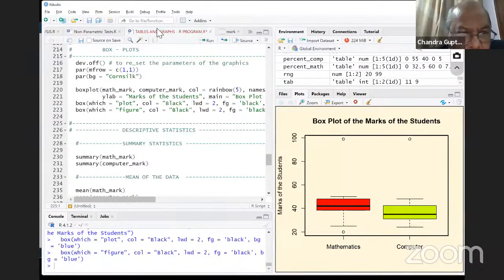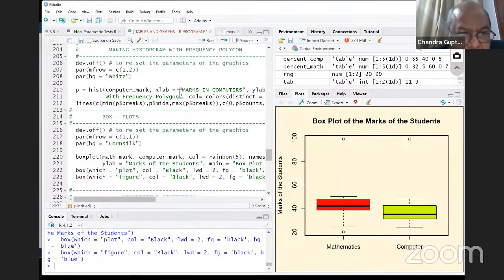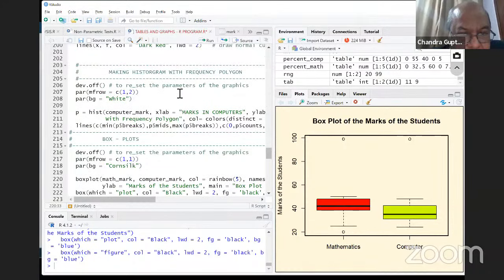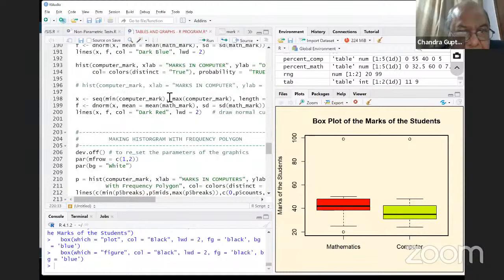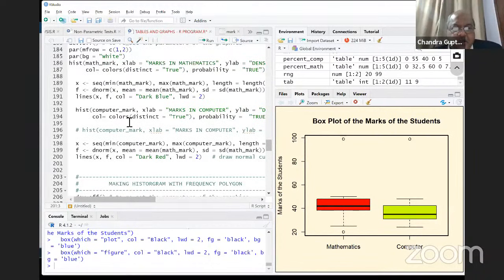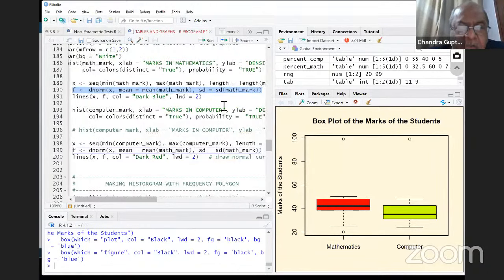If you want a histogram with the normal curve, you have to first define the normal curve. And to define the normal curve, you need the mean of maths marks and standard deviation of maths marks, because to draw a normal curve, you need 2 parameters.